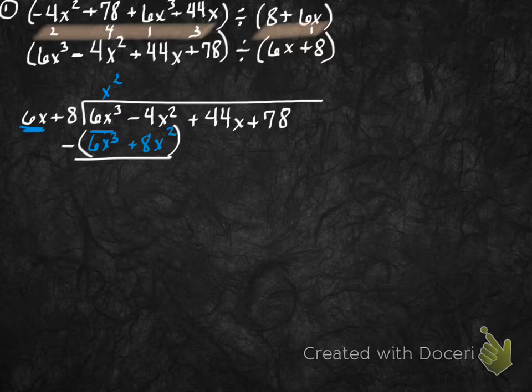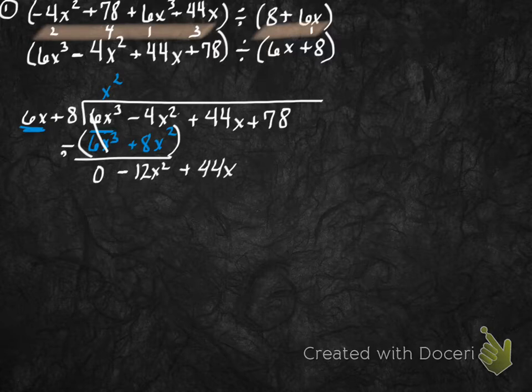6x cubed minus 6x cubed cancels out, giving you 0. A negative 4x squared minus a positive 8x squared is going to be a negative 12x squared plus 44x.